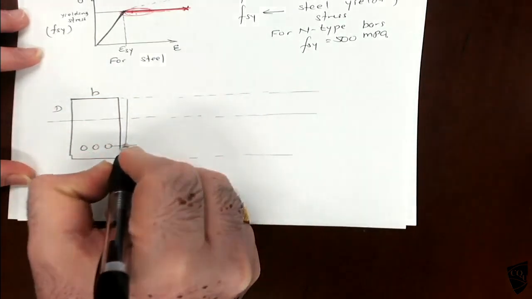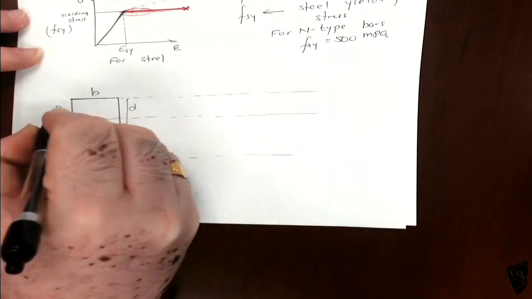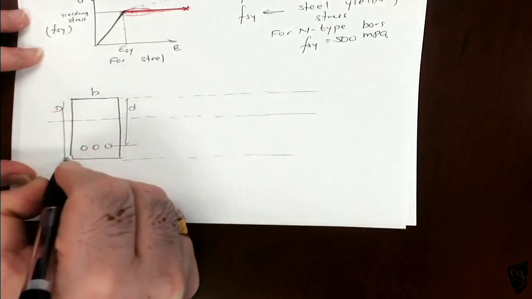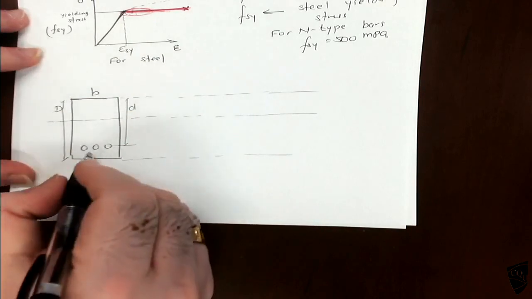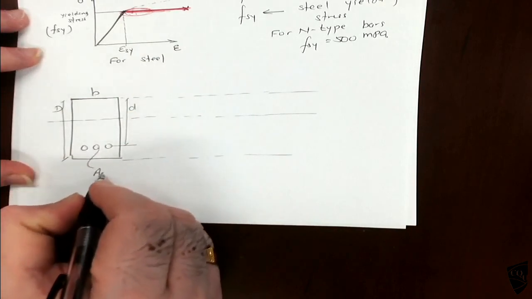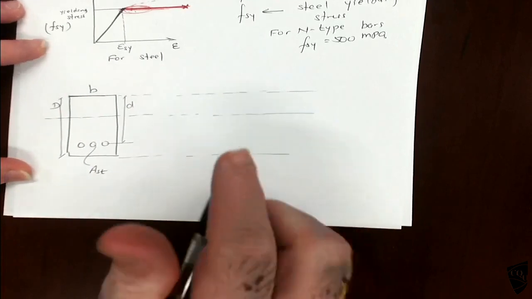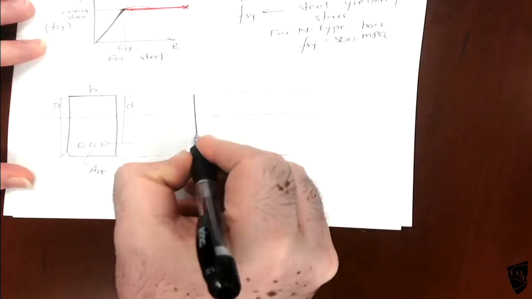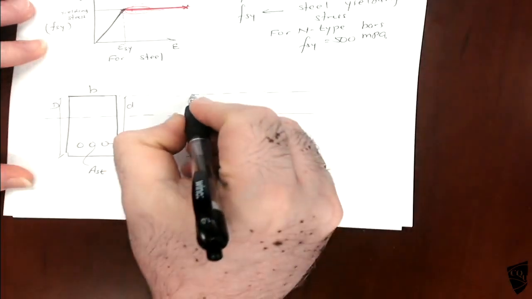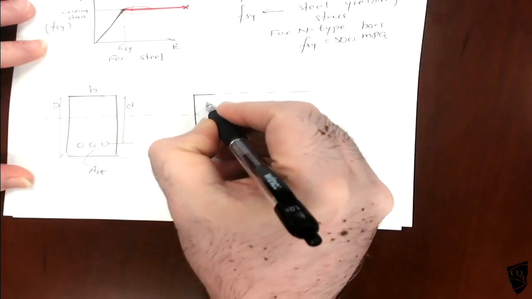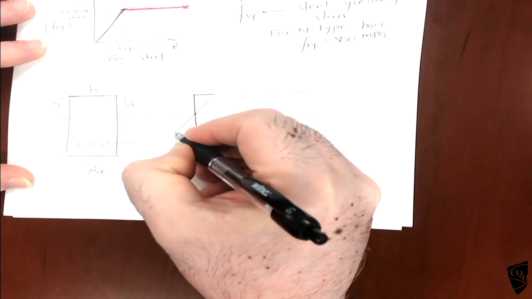So that is small d. This is AST. If you have something like this, the strain distribution will be like this.